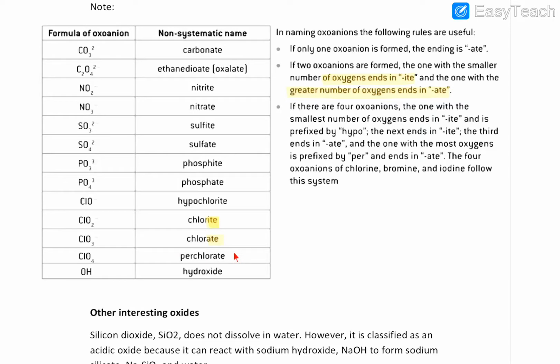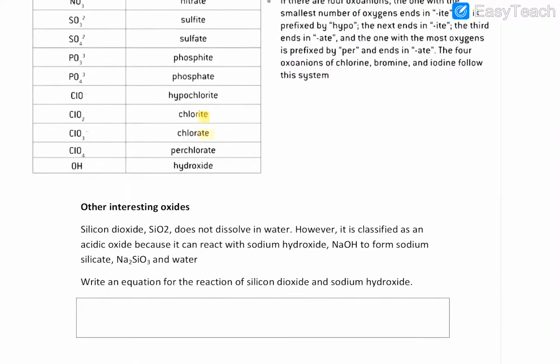These are the prefix and the suffix. It's just for you to know the naming, and then OH- is hydroxide. Okay, so you can write down the main points for the rules for naming oxoanions.